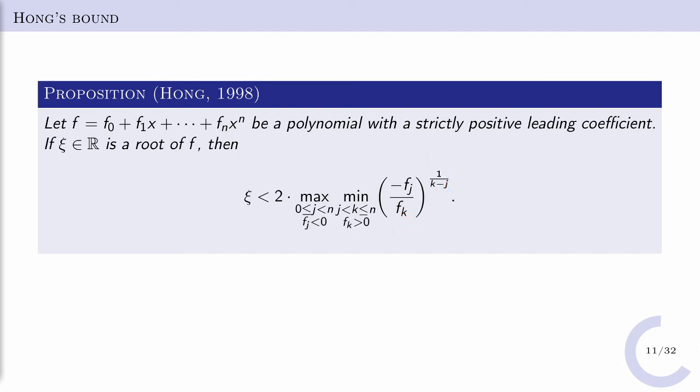So Hong's bound, which is one of the best bounds known for polynomials, says that every real root of a polynomial is bounded from above by this expression.